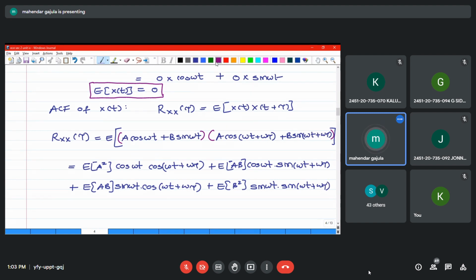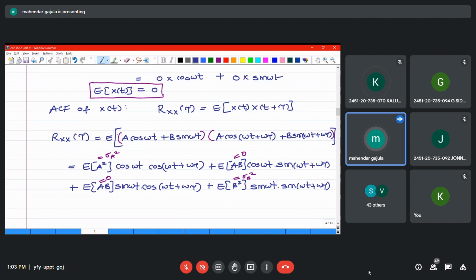Now this is variance, and this is 0, this is 0, and this is variance sigma b square. Why? Expectation of a square is the mean square value, right? But I am writing variance. In what condition are mean square value and variance equal? When the mean is 0.